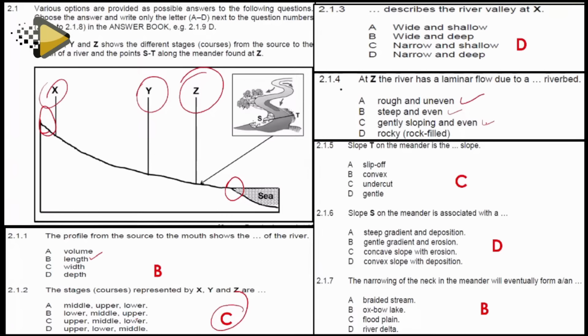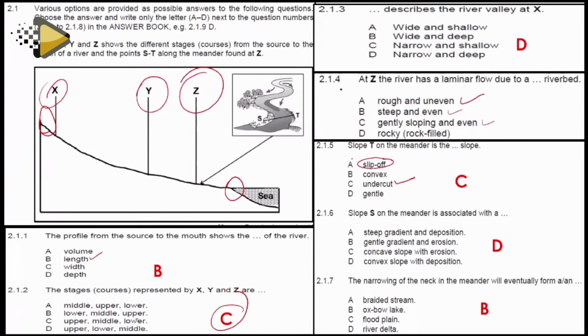Slope T on the meander is what slope? You can see slope T here is deeper, showing that there is more erosion at T, because water is moving faster at T. So slope T is going to be called an undercut slope, which means slope S will be called a slip-off slope.